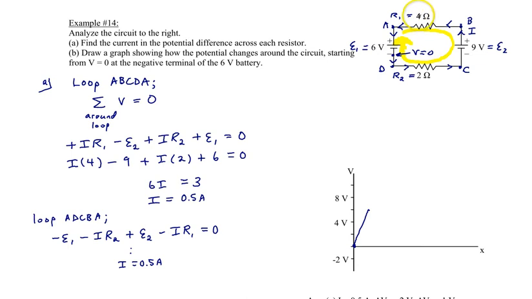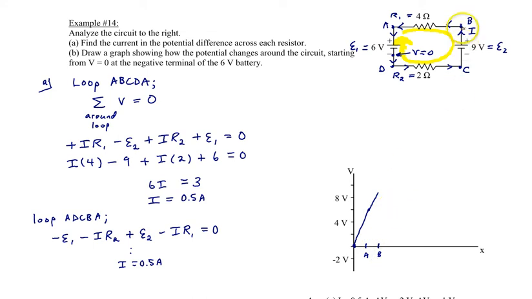So that is going to be an increase of 4 times the current. So 4 ohms times 0.5 amps gives you 2 volts. So then we're going to go up another 2 volts right in here. And now we've got to basically point B.